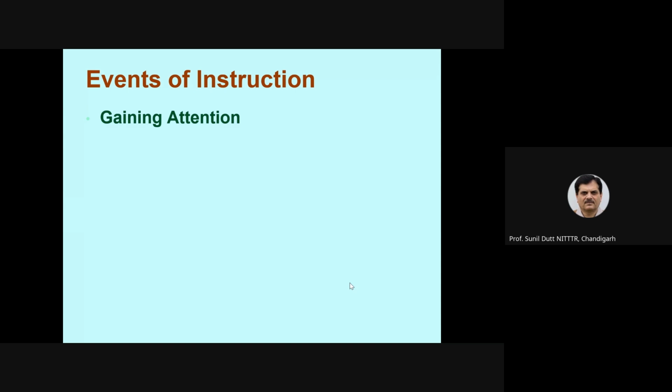Use of gestures, change of voice. When you say these are due to laws of inertia, okay, you are gaining attention by speaking out the important component very loudly.